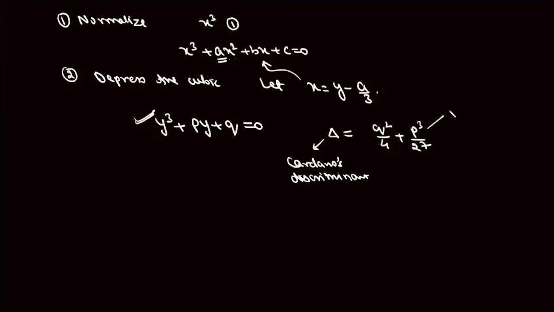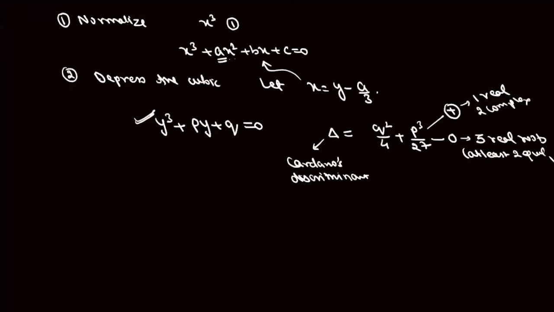If this discriminant is positive, then this equation will have one real, two complex roots. If this discriminant is 0, then it'll have three real roots with at least two equal. And if this discriminant is negative, then it'll have all three real roots.